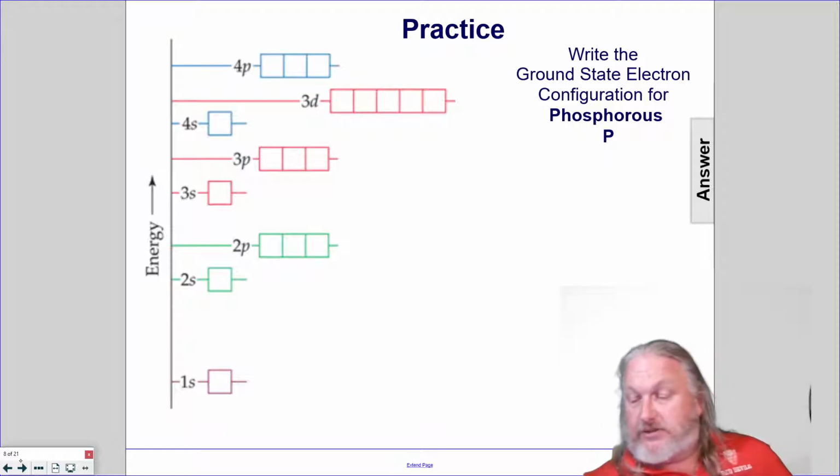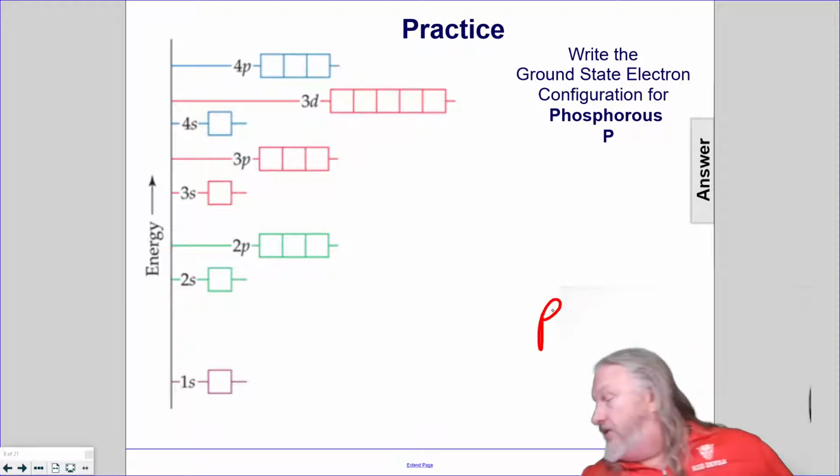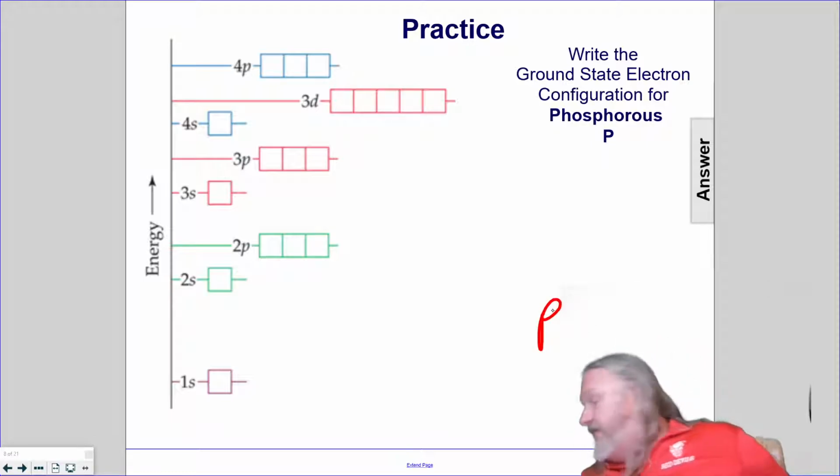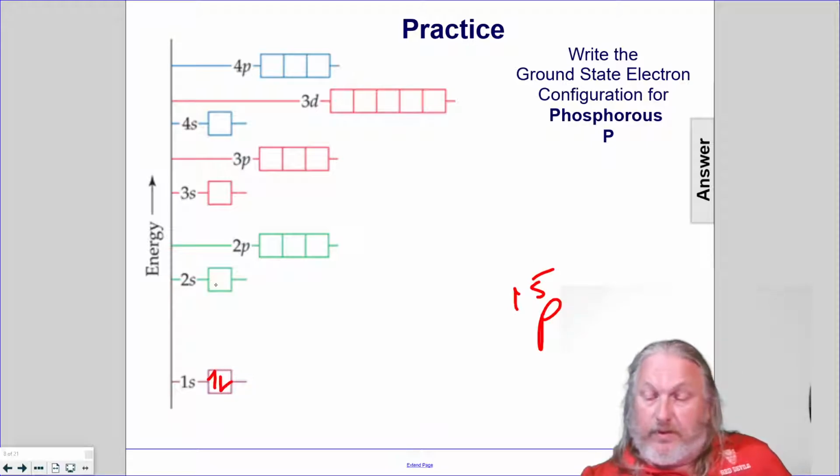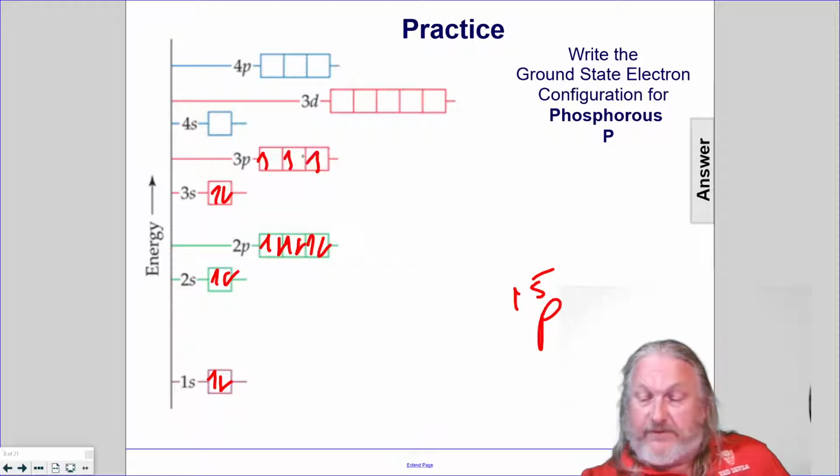So let's practice a little bit. Let's do phosphorus. Phosphorus atomic number is 15. Let's do the orbital diagram: 2, 4, 6, 8, 10, 11, 12, 13, 14, 15.